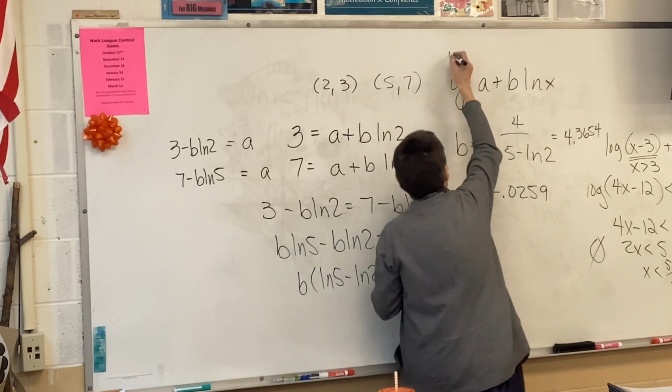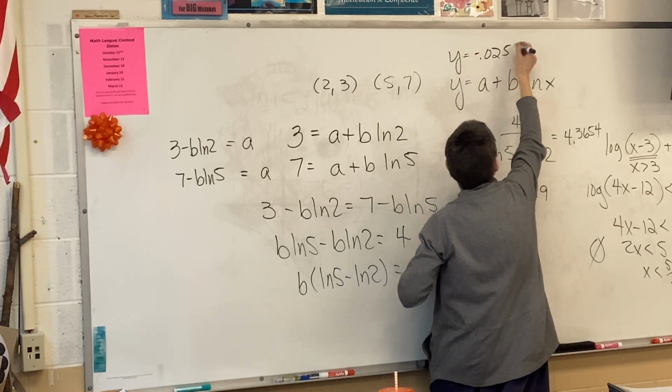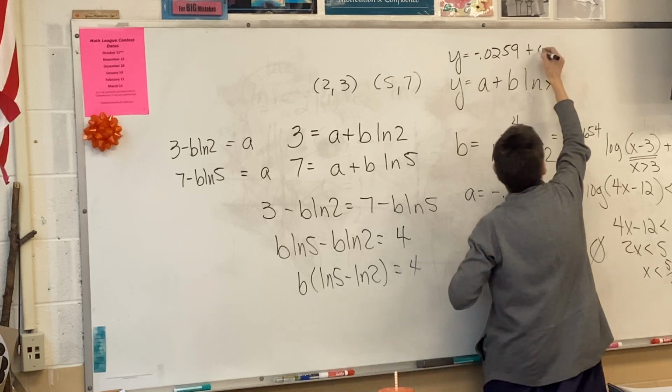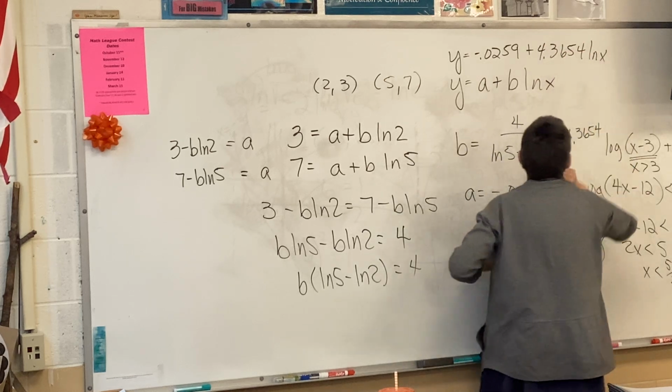So our equation is negative 0.0259 plus 4.3654 ln x.